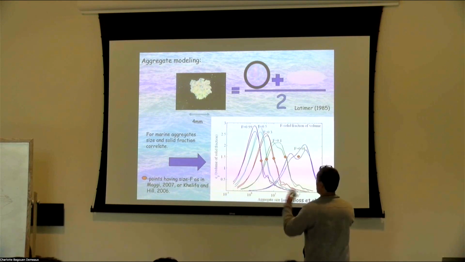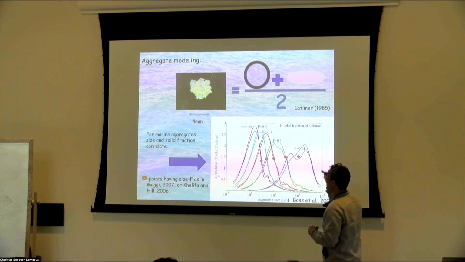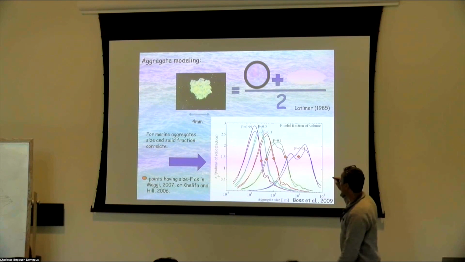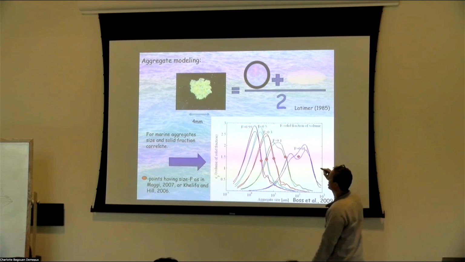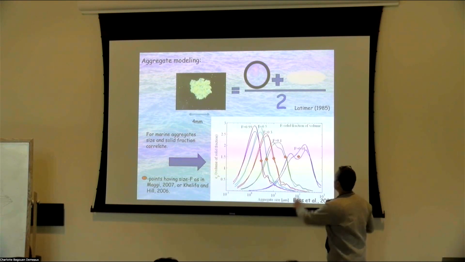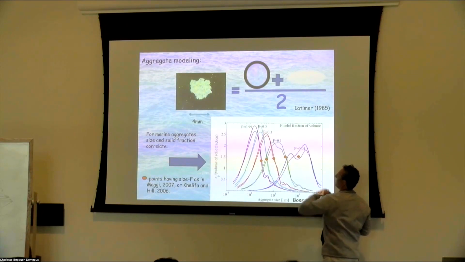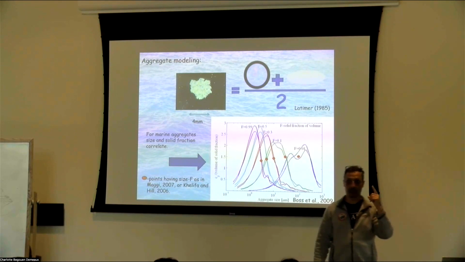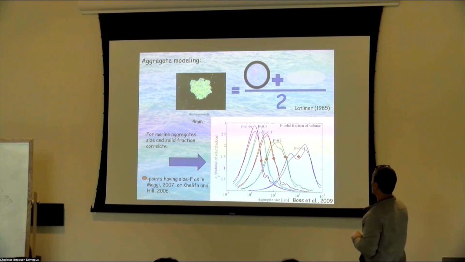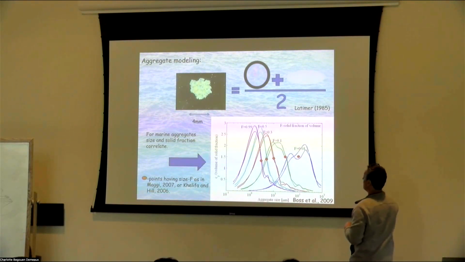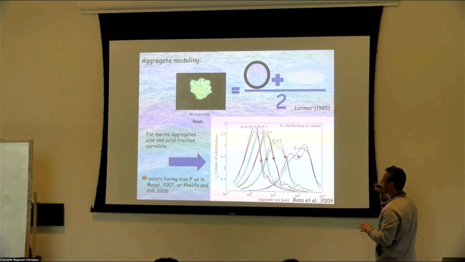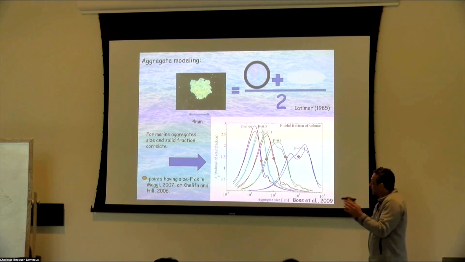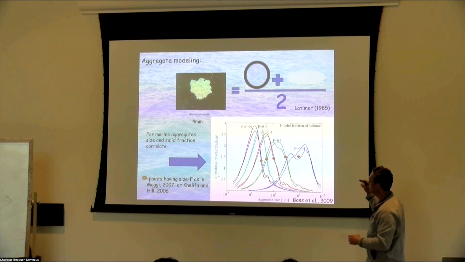But again, there's some effective index of refraction. F is the solid fraction. So 1 minus F of 0.99 means I have 99% water, and F of 0.01 means I have 1% water. So I'm using his model with these solid fractions, diluting the index of refraction as I change the particle.